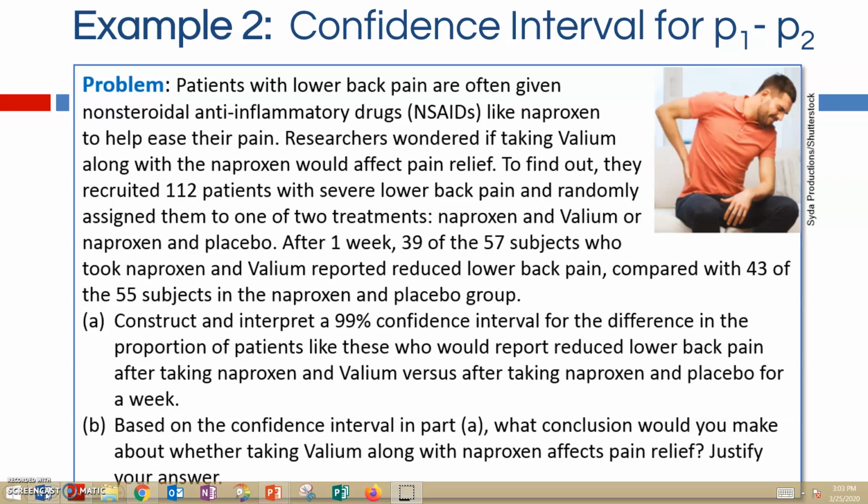One group was given a treatment of naproxen and Valium, and another group was given naproxen and a placebo. There are some values here. 39 of 57 who took naproxen and Valium reported lower back pain, compared with 43 of 55 in the other group. All right, so let's go through the whole SPDC process and answer part A.